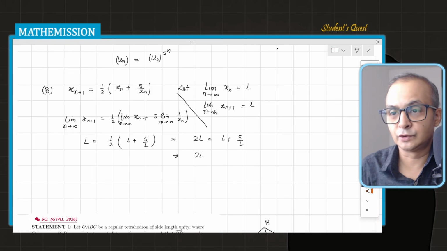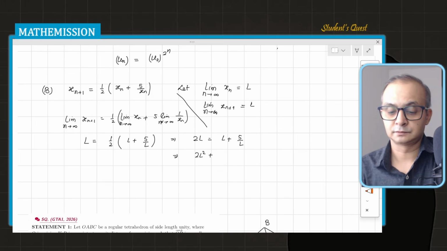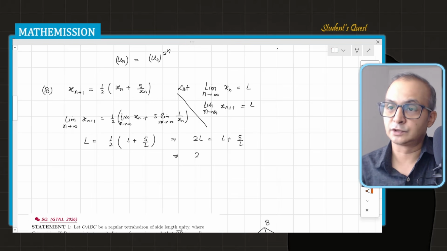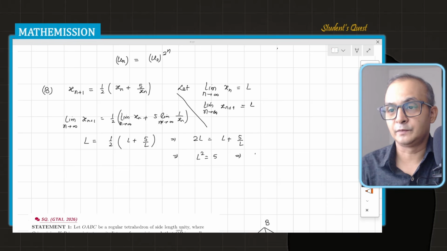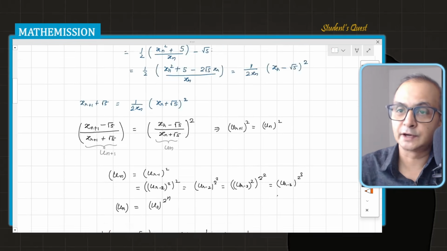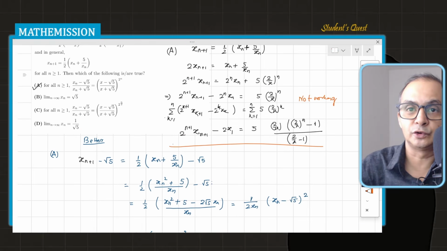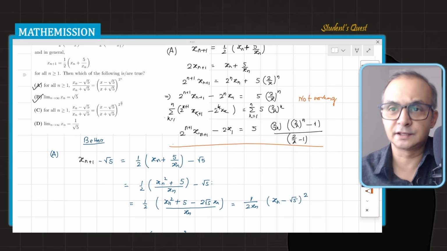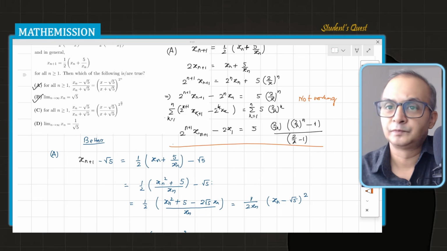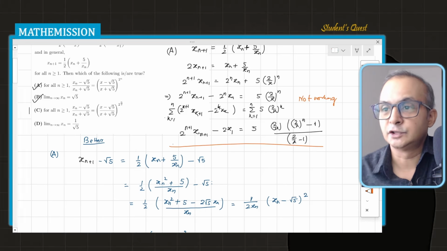Rather, 2L minus L is L, so L square is equal to 5, and from there L is equal to root 5. So option B is correct. The limit is going to be root 5. The C and D are just other versions of the same value, which is not going to be correct.